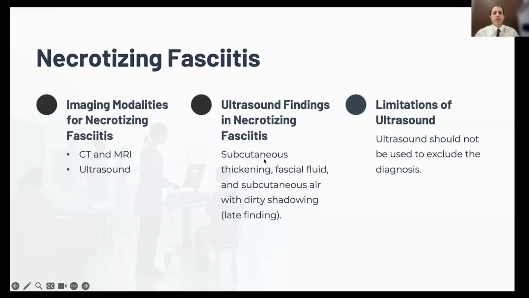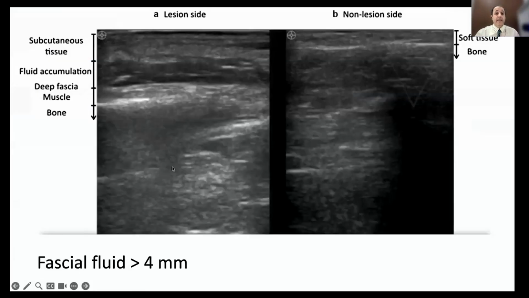So when should we suspect that this soft tissue infection may be necrotizing fasciitis? One sign is fascial fluid. If you find fluid over the fascia layer more than 4 mm, the case is suspected to be necrotizing fasciitis.